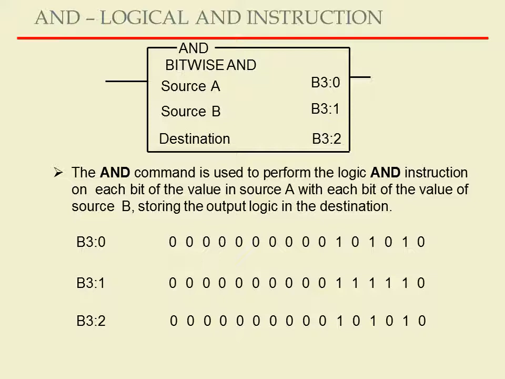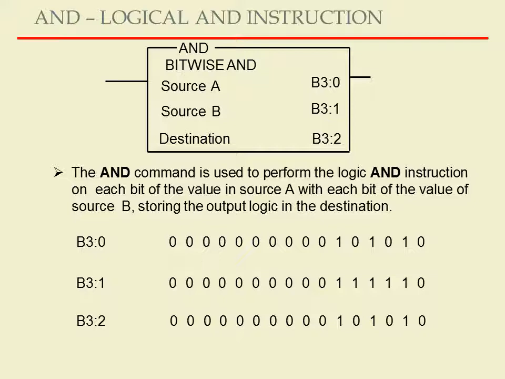Whatever are the numbers will be stored in the source A and source B, that is B3:0 and B3:1, and after bitwise AND operation is done on them, the result is stored in B3:2.